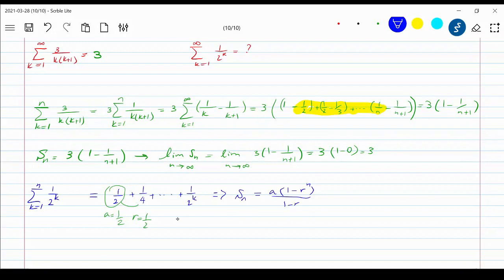But we already calculated the limit of Sn, and said the limit of Sn as n approaches infinity, in the case when the absolute value of r was less than 1, was a divided by 1 minus r, which in our case would be 1 half divided by 1 minus 1 half. And that's 1 half over 1 half, simply 1. Okay, so we figured out that this summation is simply 1.